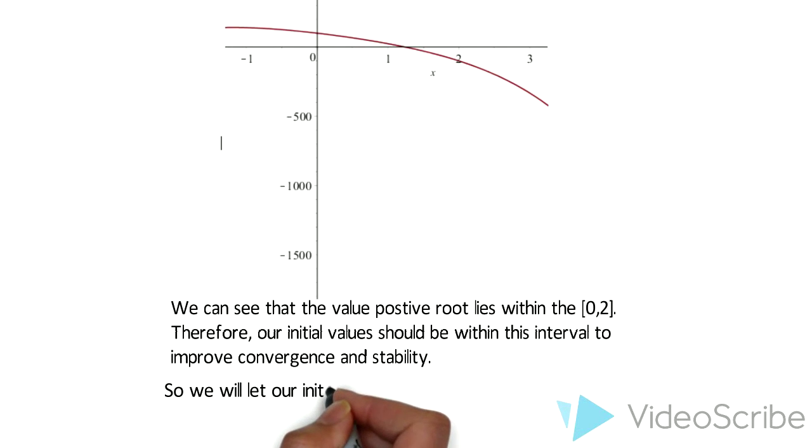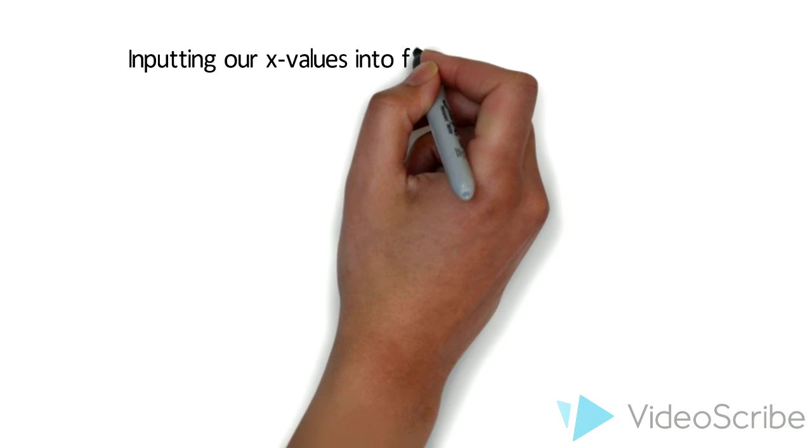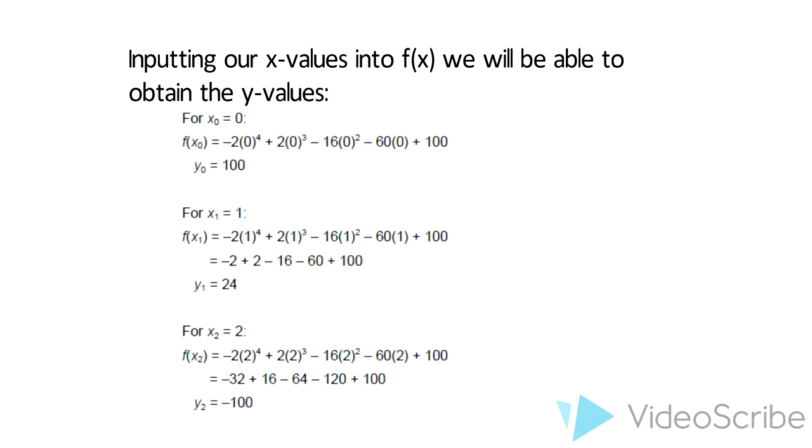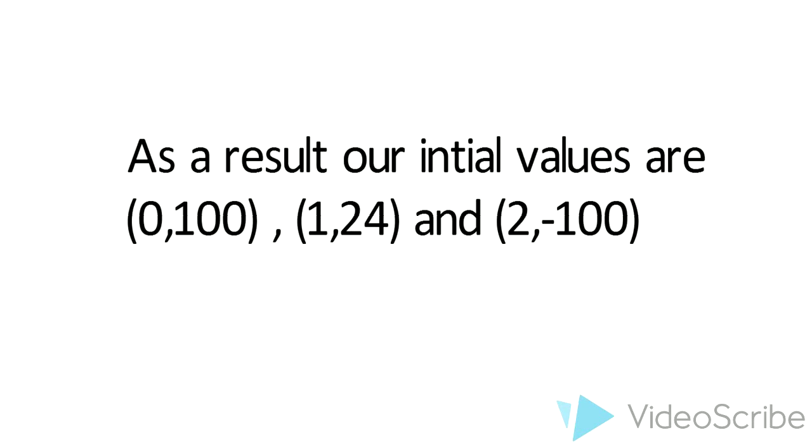So let's pick our initial values to be 0, 1, and 2. The next step is to evaluate our y values. If we input our initial values back into f of x, we will obtain the y values. And therefore, our initial values are the following. Now, to make sure that we will have convergence, let's plot the parabola that we will be fitting and make sure that it will cross the x-axis.